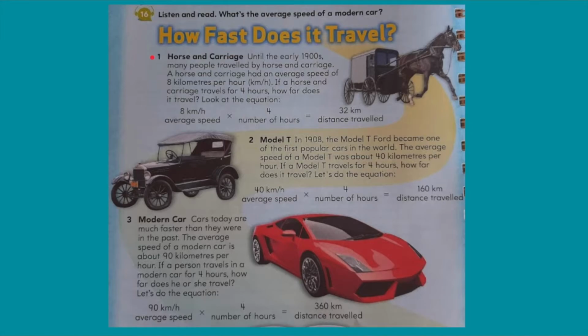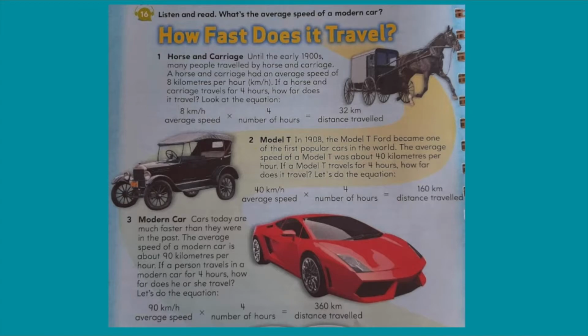Number 1, horse and carriage. Until the early 1900s, many people travelled by horse and carriage. A horse and carriage had an average speed of 8 kilometres per hour. If a horse and carriage travels for 4 hours, how far does it travel?